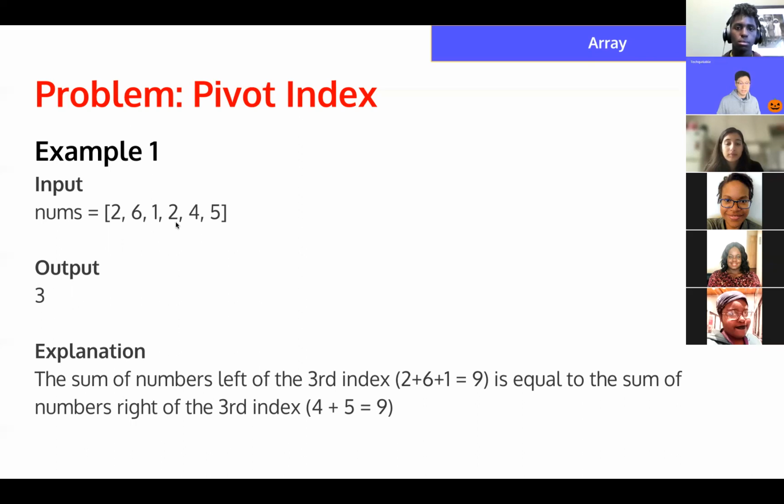And if we also add the numbers to the right of the index, 4 plus 5, the sum of that is also equal to 9. So this is why we want to return the index of 3 here.